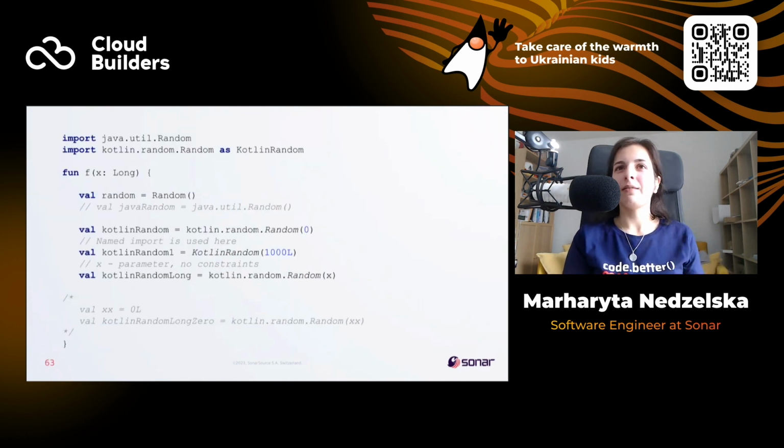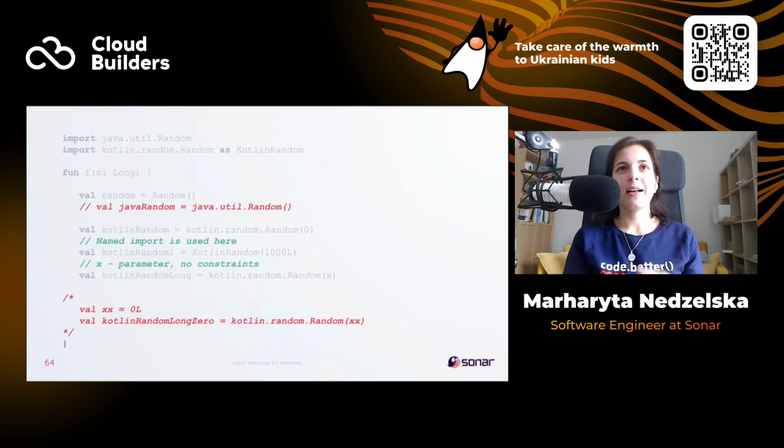So, as far as I understood, you usually write code, and sometimes there are people who comment code. And we have a rule that highlights code in comments and says that please don't do it. So basically, if a comment contains code, we report it as an issue.